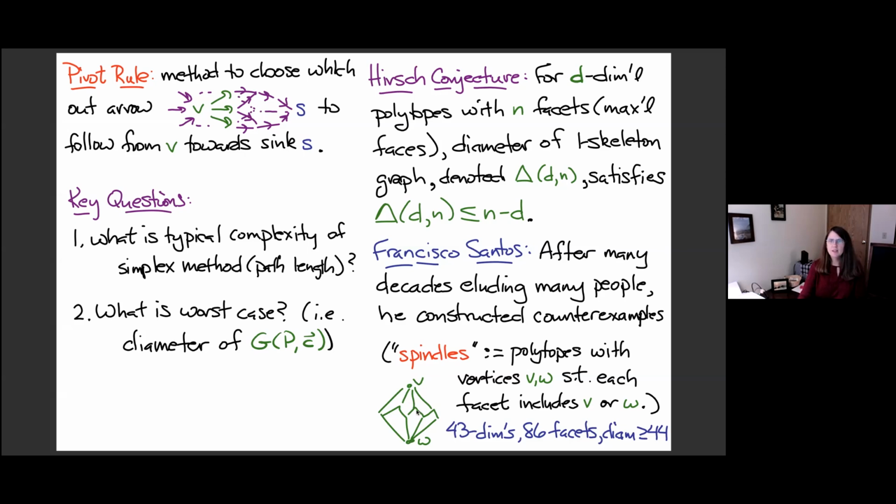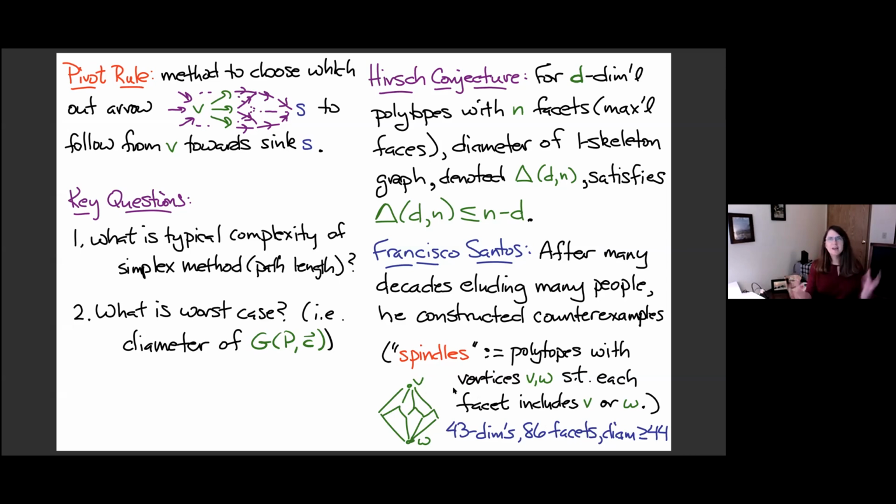He started with polytopes like this, and was able to get counterexamples out of particular ones, using some really insightful ideas combined with some computer work to verify his examples. His first example had 43 dimensions and 86 facets, and he could prove its diameter was greater than or equal to 44.